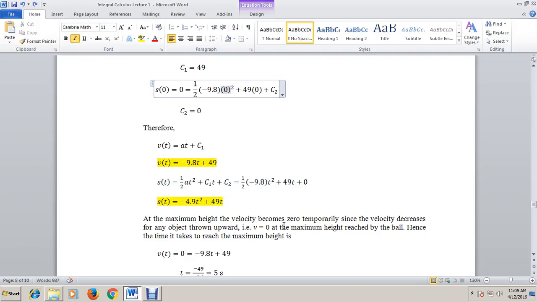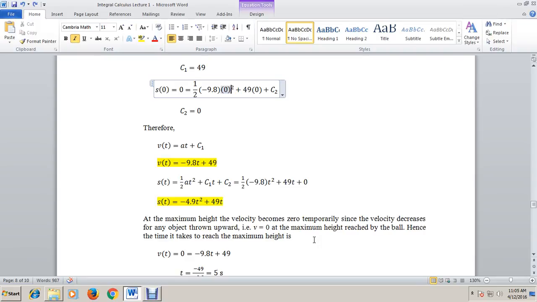Now, this is not the final solution since what is being asked in the problem is for us to find the maximum height. So of course, the height referred to in the problem is position. So at the maximum height, for this part of the solution, you need to recall your ideas in physics.